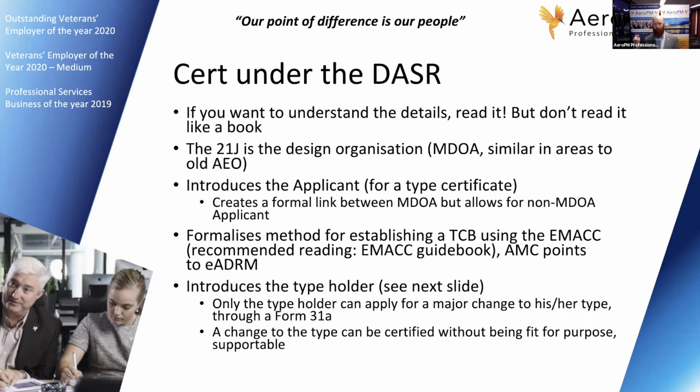For instance, they don't have to be part of an MDOA. Right? So they don't have to be part of a design organisation. All of the compliance demonstration evidence that they use to demonstrate compliance with the CCL has to come out of one of those organisations, a DOA or an MDOA. However, the applicant doesn't have to be part of that themselves.